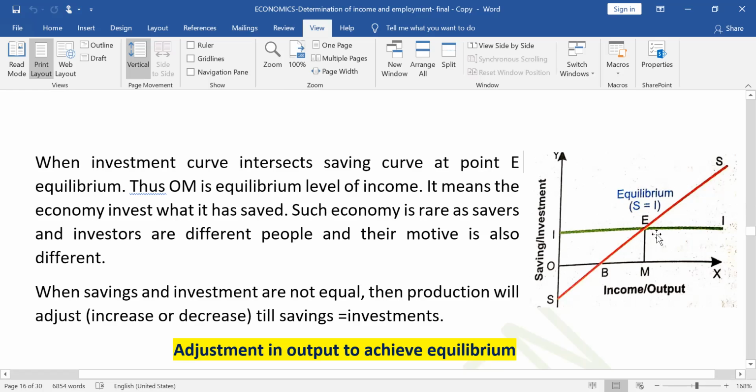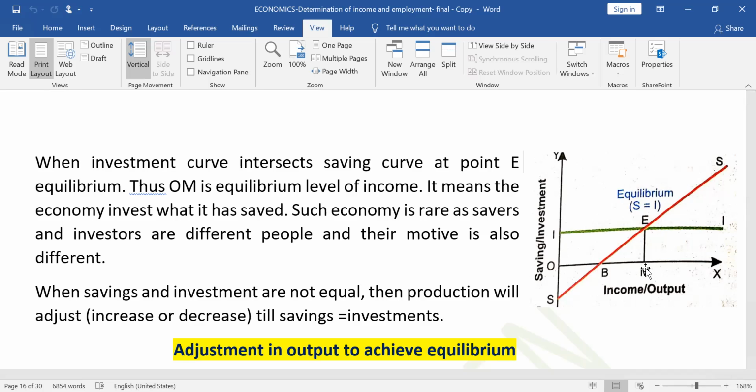You will note here that the saving and investment curves intersect at point E. E is the equilibrium point, which means at this point, planned saving is equal to planned investment. So OM is the equilibrium level of income, employment, or output.